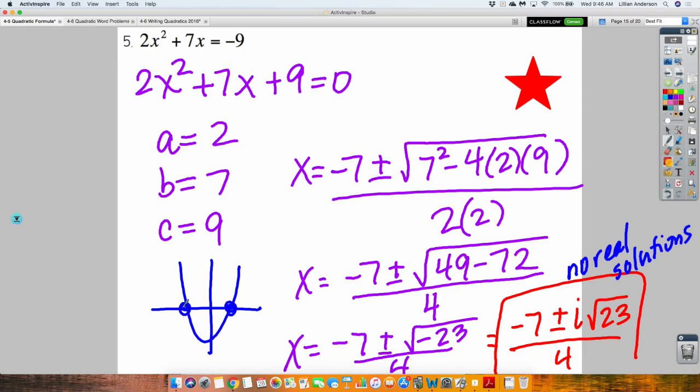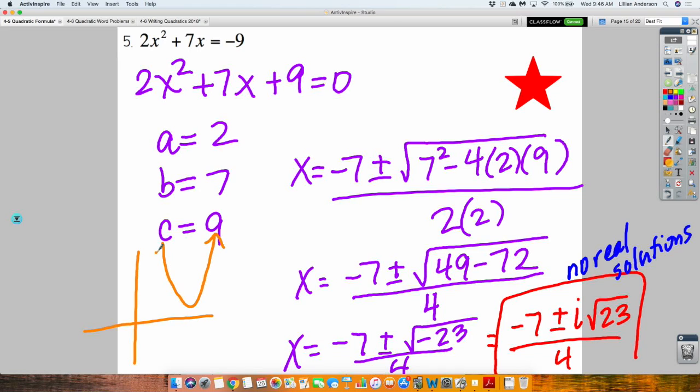But in a situation like this, where there are no real solutions, what does that mean for your graph? It's not a parabola. No, it's still a quadratic. It's just not what? Say it a little louder. It doesn't have an x-intercept. So it's like above the x-axis.